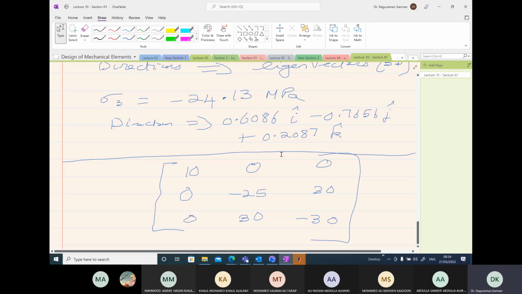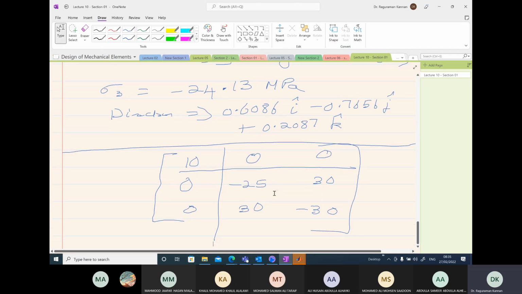If you take a look at this problem, it is essentially a 3D problem, but it is very easy to reduce it to a 2D problem. Why is that the case? If you observe here, the shear stress components corresponding to sigma xx are all 0. When that is the case, we can simply eliminate the first row and column and consider only these 4 values as a 2D problem and solve it.